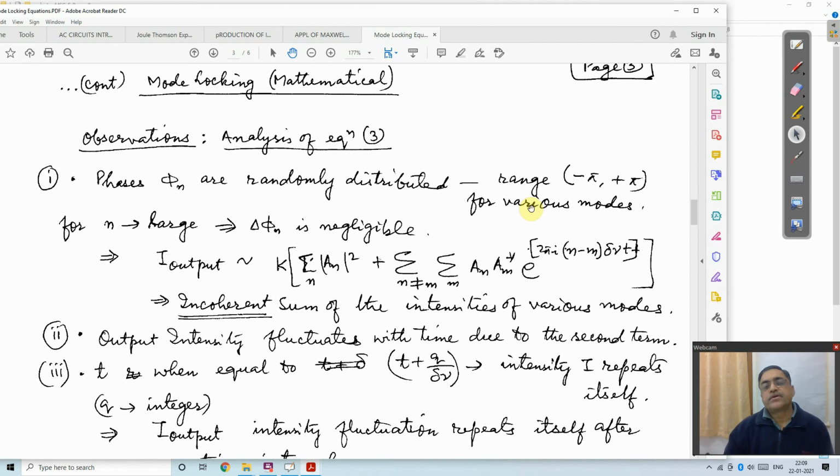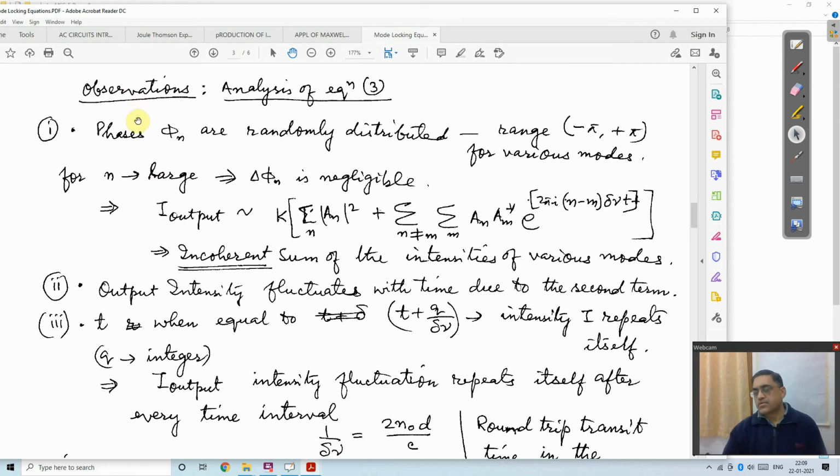Now we further find this equation, and an analysis and interpretation of this equation may be seen.